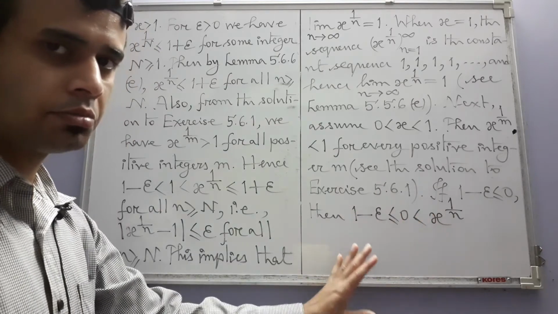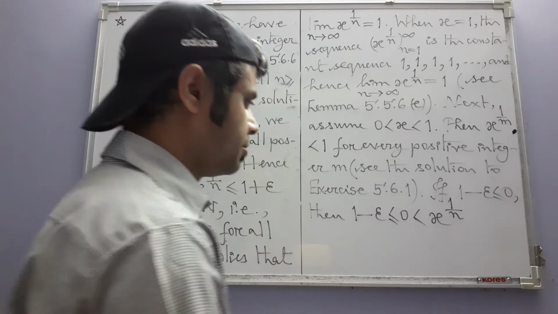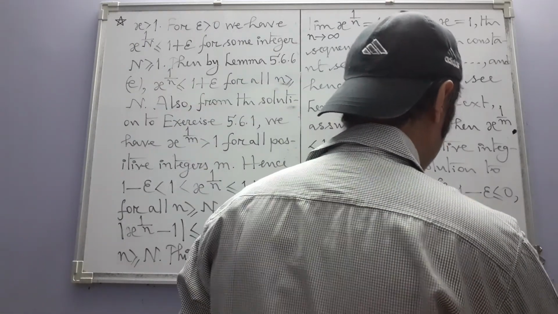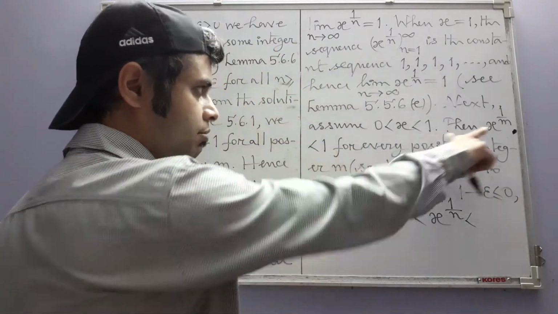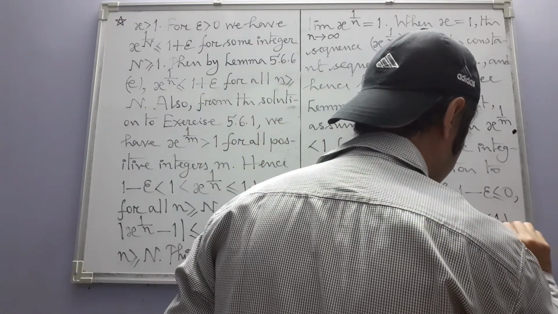All nth roots are positive when the actual number is a positive real number, and this is less than 1 that we have mentioned here itself, and 1 itself is less than 1 plus epsilon.